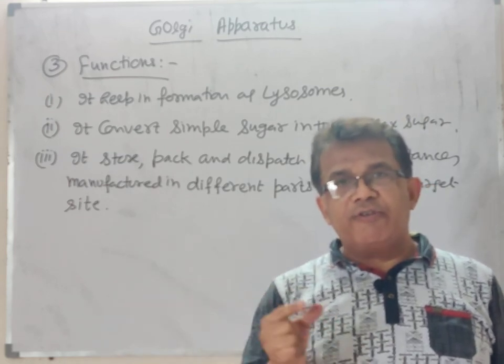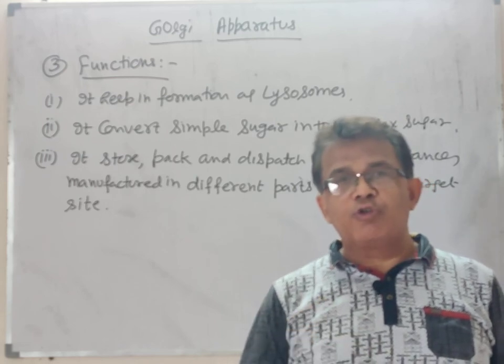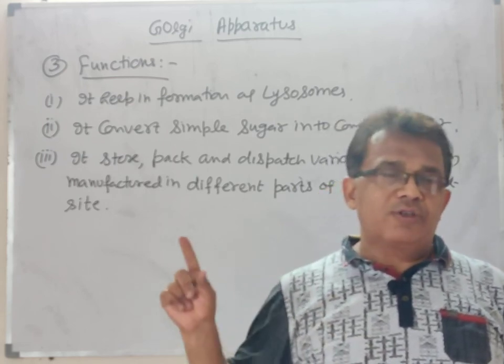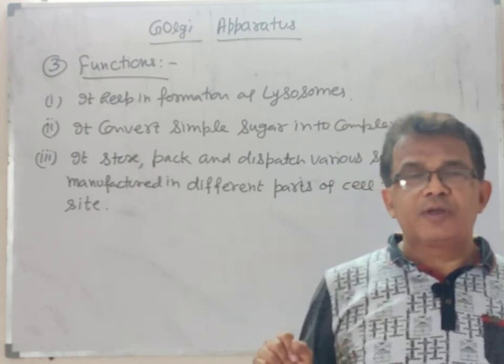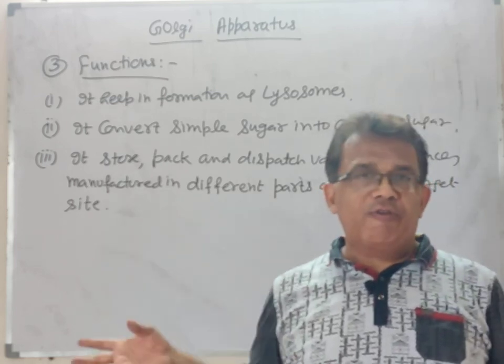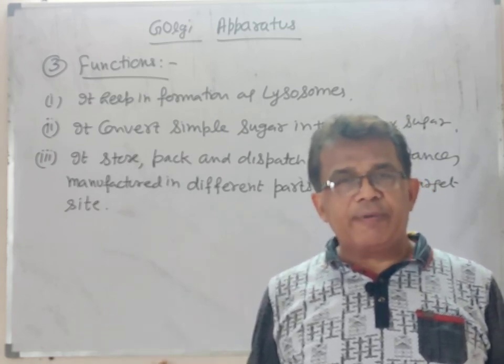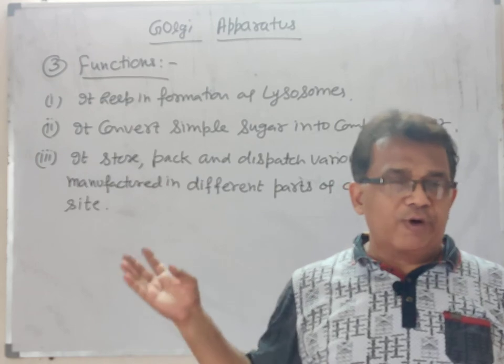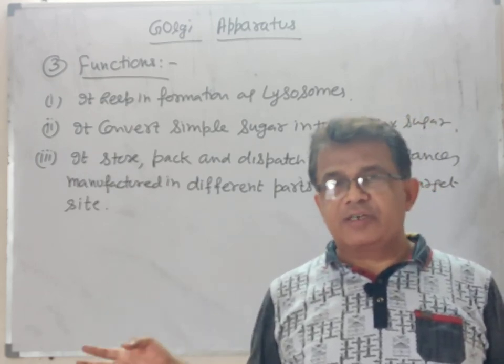It is rough when ribosome is attached to its surface. Ribosome produces protein, or smooth endoplasmic reticulum produces fat, that is lipid, and they perform various functions like detoxification, membrane biogenesis, production of protein, fat, lipid, etc.